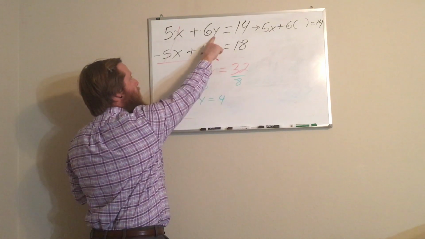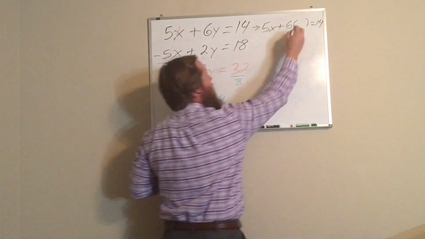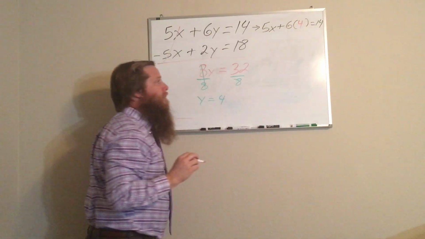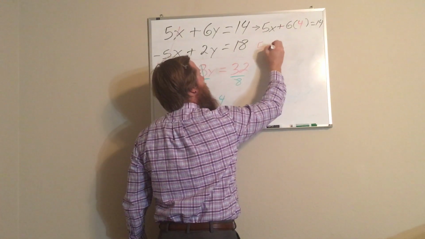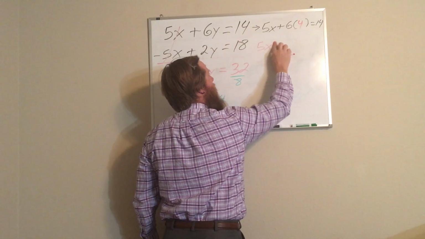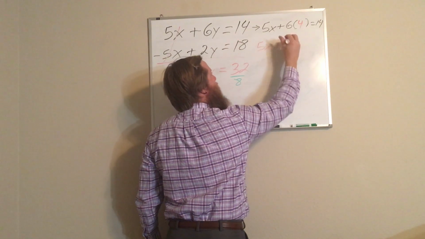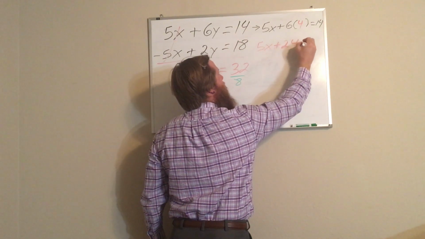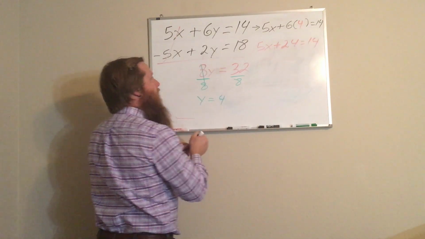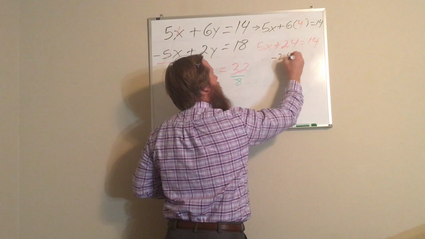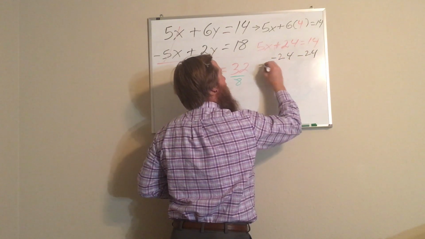And the substitute for y equals 4. And now we isolate x. 6 times 4 is 24. And now I subtract 24 from both sides.